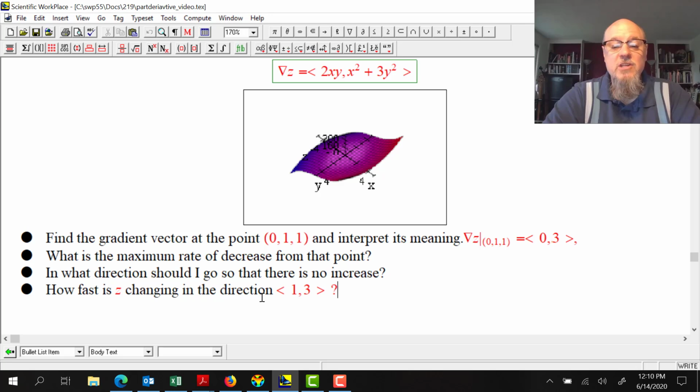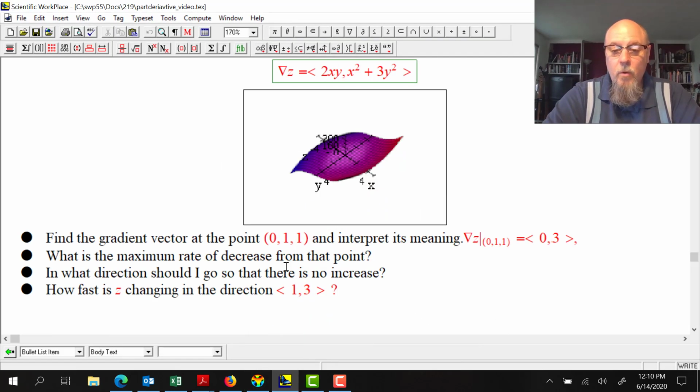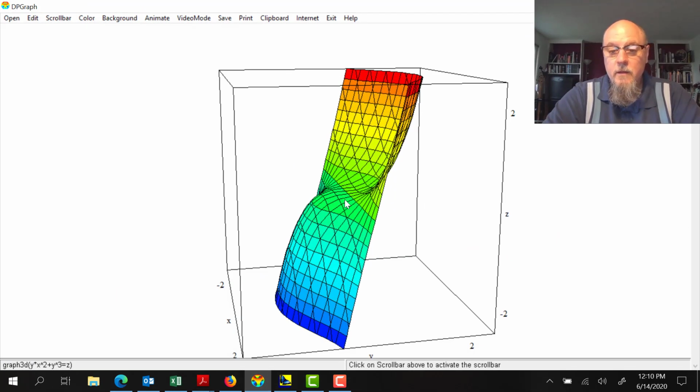How fast is the z changing in the direction 1, 3? So now I'm not going north and I'm not going east or west or south. It's some other direction. So this is asking about the directional derivative. So I'm still at the same point, 0, 1, 0.